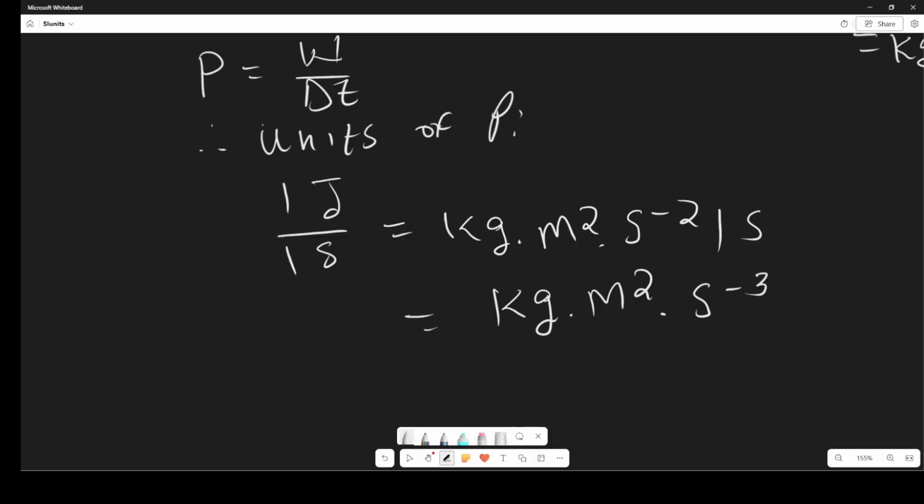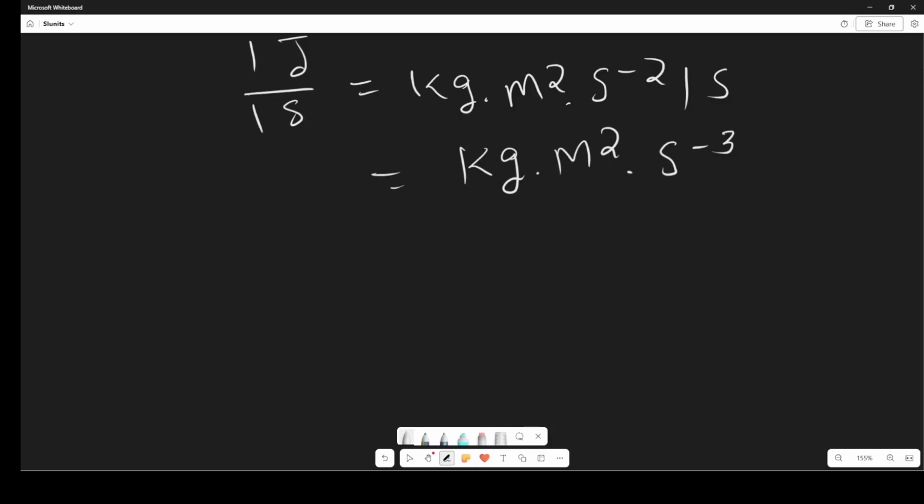All right, that is that one there. So also note that the definition of 1 watt is 1 joule per second.